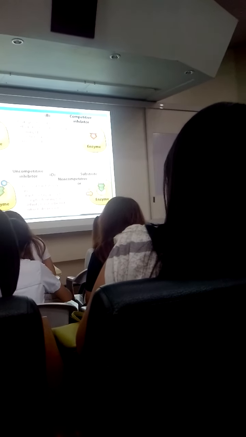So for non-competitive inhibition, what happens? Your inhibitor would bind to which part of your reaction? It could bind at a site separate from your active site. So this actually modifies the enzyme. Therefore, what happens to your Vmax?